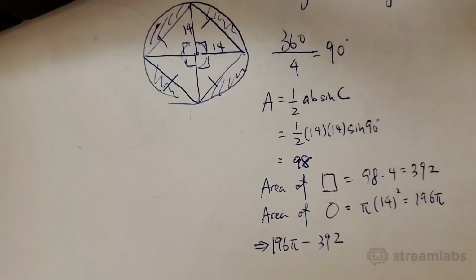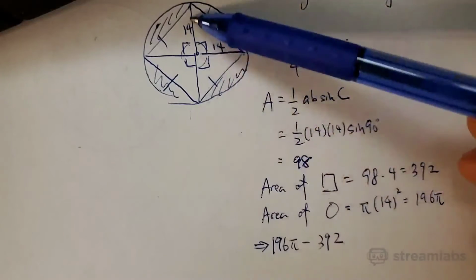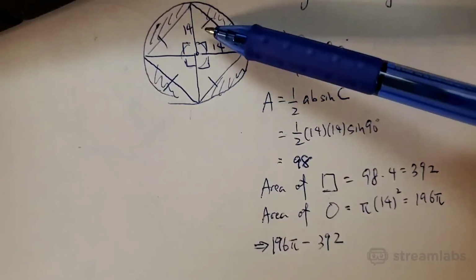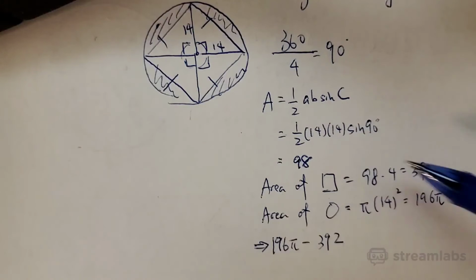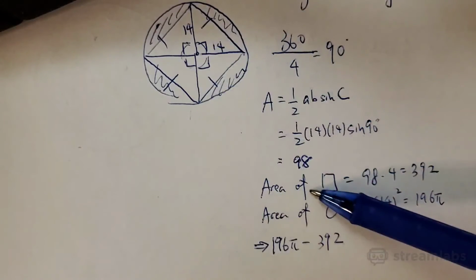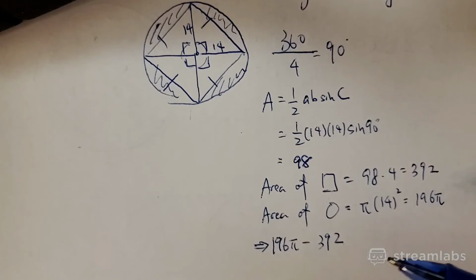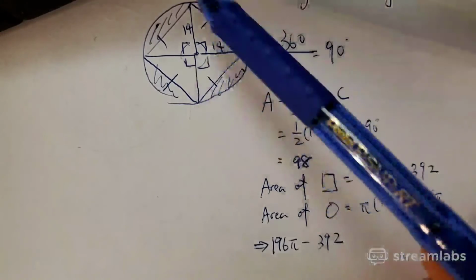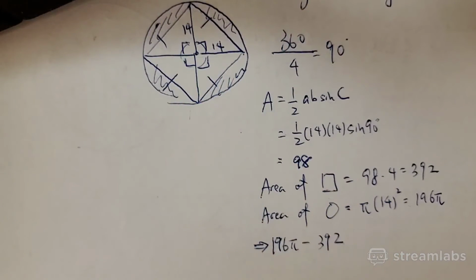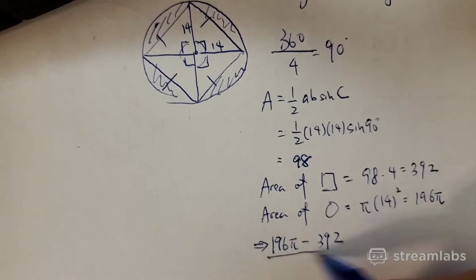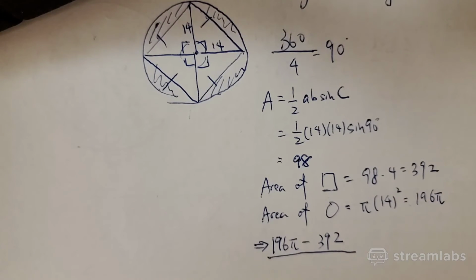After you get 98 per triangle, you times 4, you get 392. That's the area of the square. Then you subtract from the circle, which is pi r squared, 196 pi. Then you subtract, and that will be your answer, whatever that simplifies into.